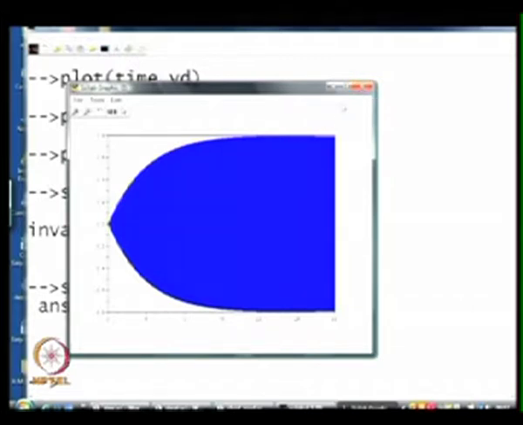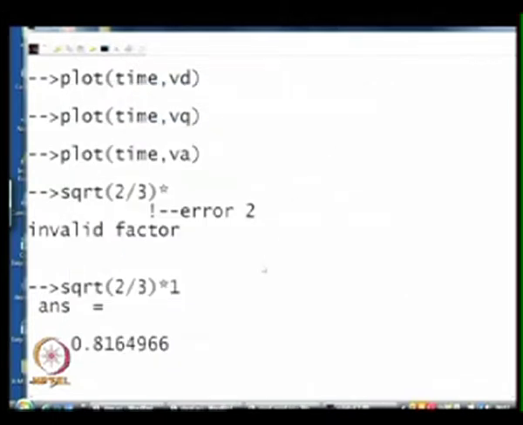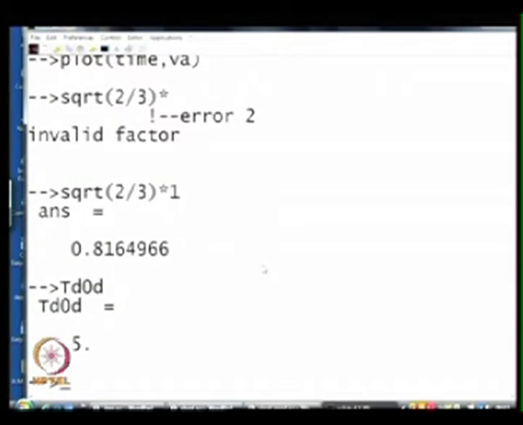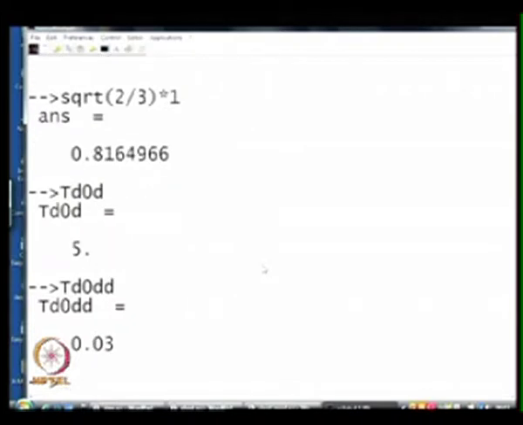Of course, somebody may ask, well, I am not seeing the other time constant e raised to minus t by Td0 double dash in this. Actually, Td0 dash is 5 and Td0 double dash is in fact 0.03.